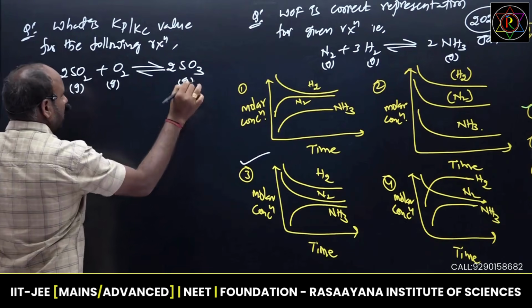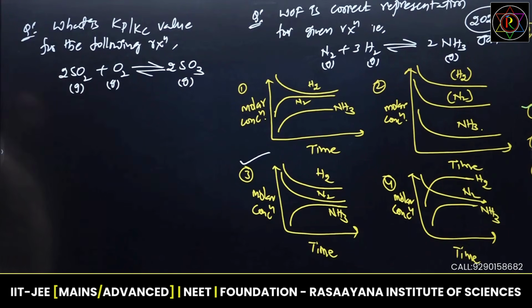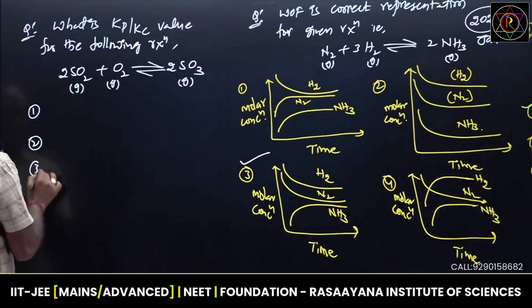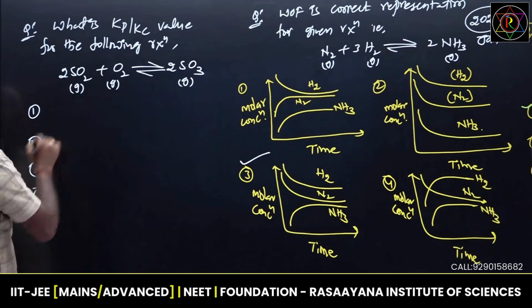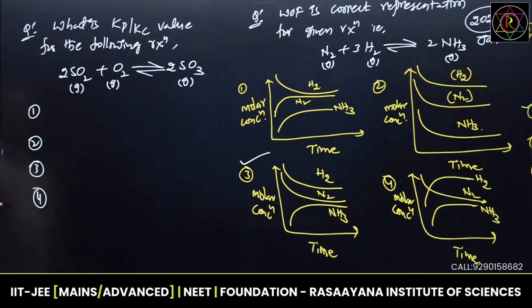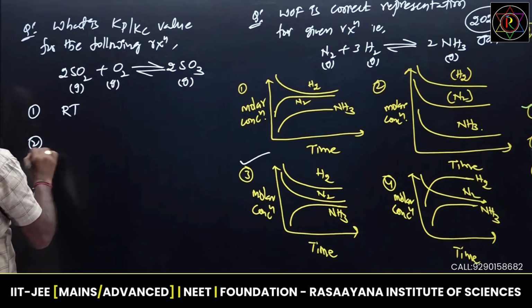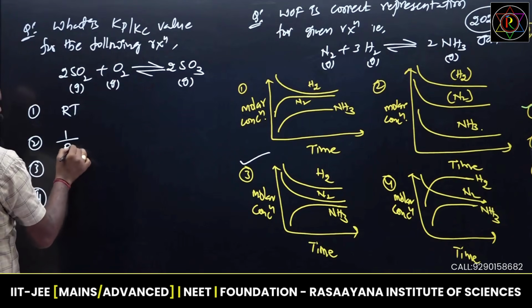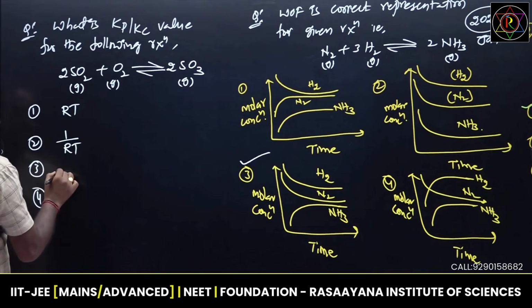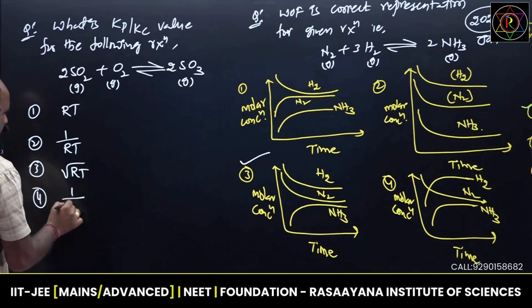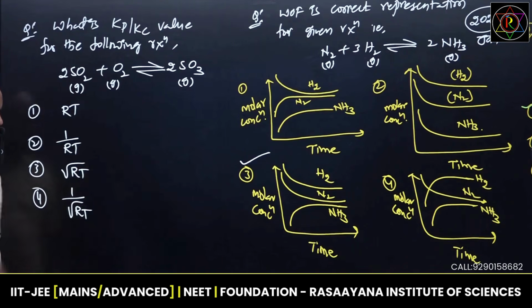So then the options will be: Kp by Kc is equal to RT, Kp by Kc is equal to 1 by RT, Kp by Kc is equal to root RT, and 1 by root RT. So these are the 4 options given.